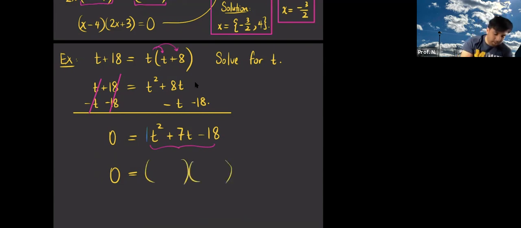The first terms are t's because they give us the first term, t squared. So all we have to really figure out for this is what numbers multiply to negative 18, but when you add them, give me 7. So you got the right numbers, you just have to flip the sign for each. Still sleepy, huh? Yeah. Plus 9. So it's going to be t plus 9, and this will be t minus 2.